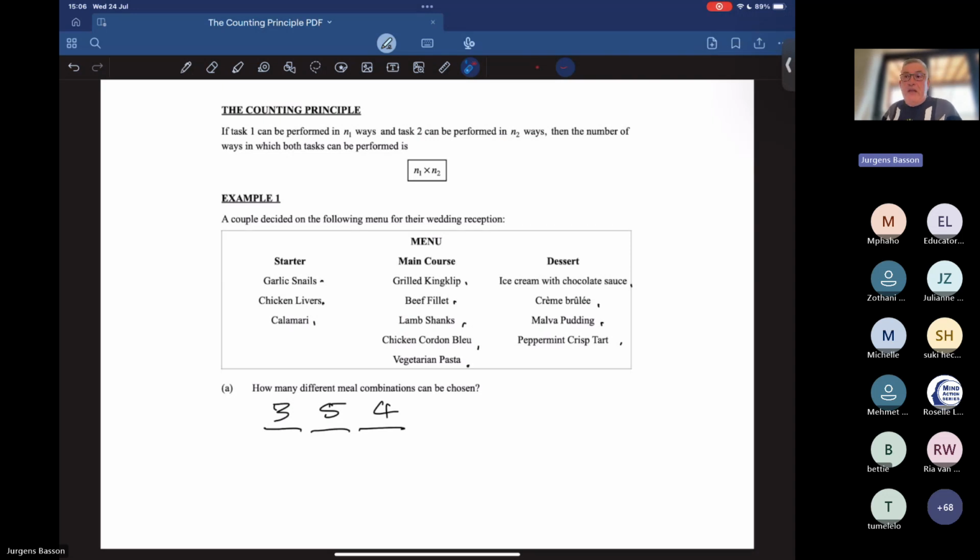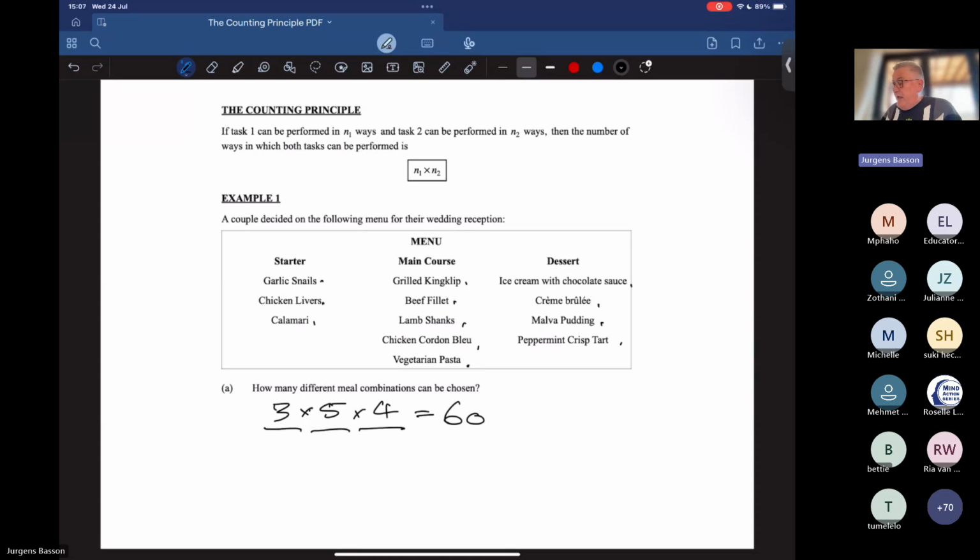To know how many meal combinations, we're just going to multiply these 3, and I think you're all happy with 60. So that is the number of meal combinations. You do notice it's a fairly easy question, but I believe that is where you need to start. You need to start with easy ones so that you take the learners slowly into the counting principle.